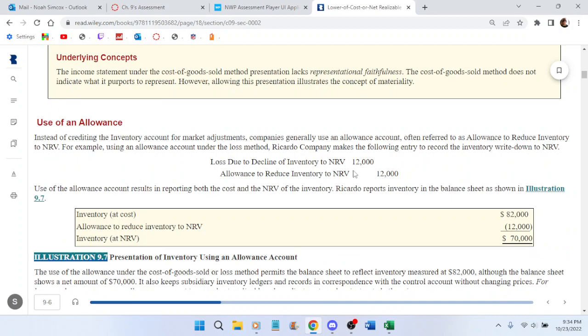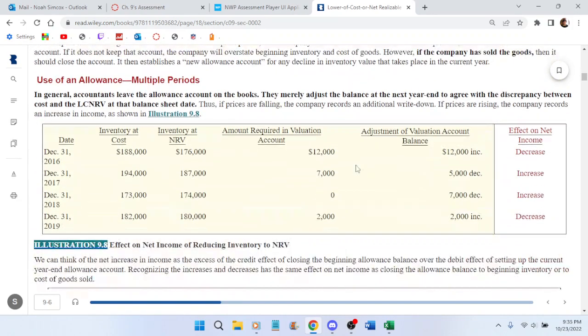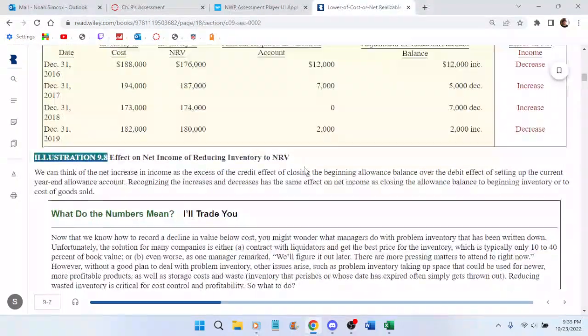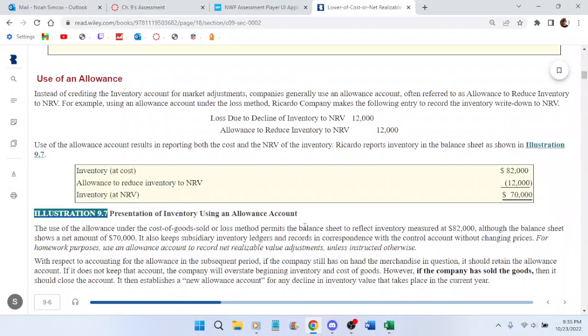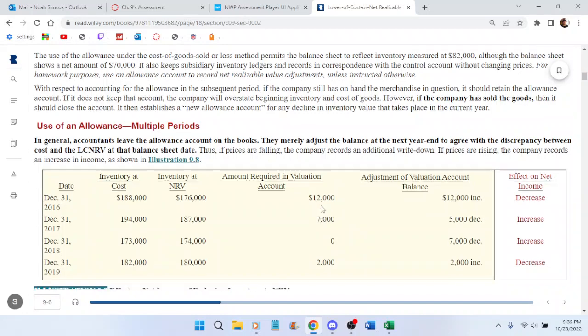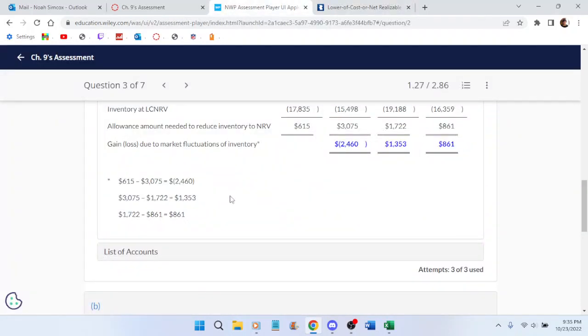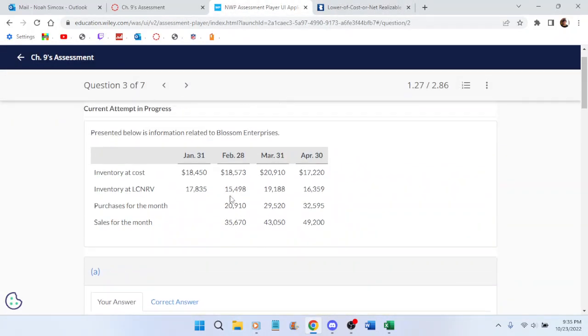The reason was because they never showed, it was something to do with all this crap here. But what on earth? 615. Where'd they get 615 from?